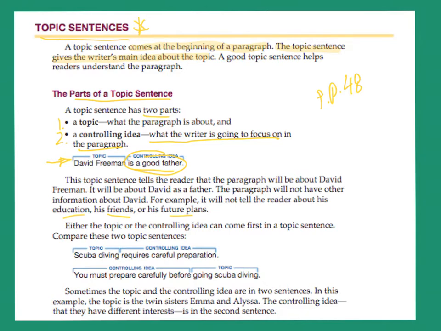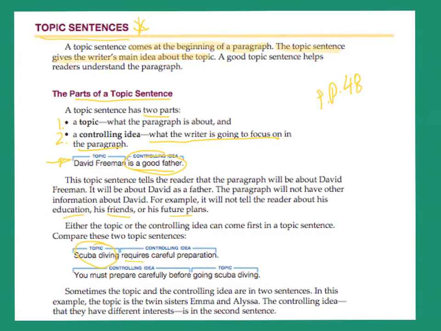Either the topic or the controlling idea can come first in a topic sentence. So let's look at this example. Scuba diving requires careful preparation. Here's our topic, scuba diving. What do we want to say about scuba diving in our paragraph?